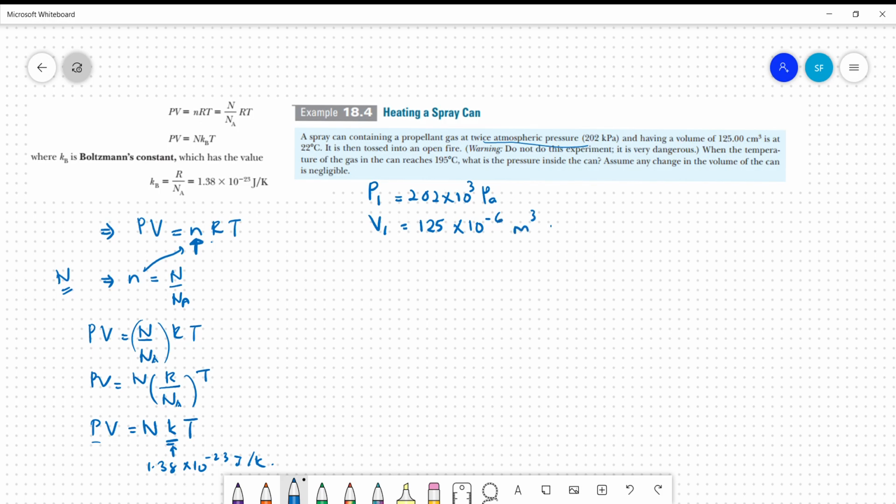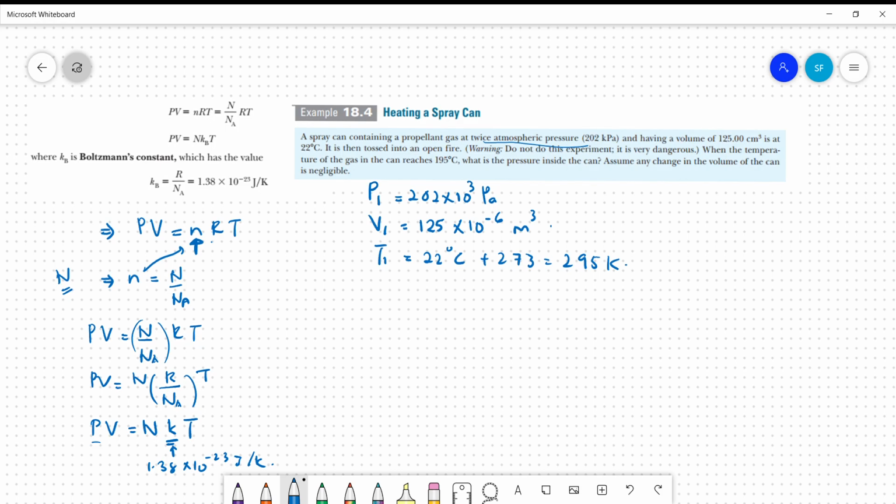And then given it is at 22 degrees Celsius. So 22 degrees Celsius in Kelvin, plus 273, we get 295 Kelvin. So these are the initial conditions. It is then tossed into an open fire.